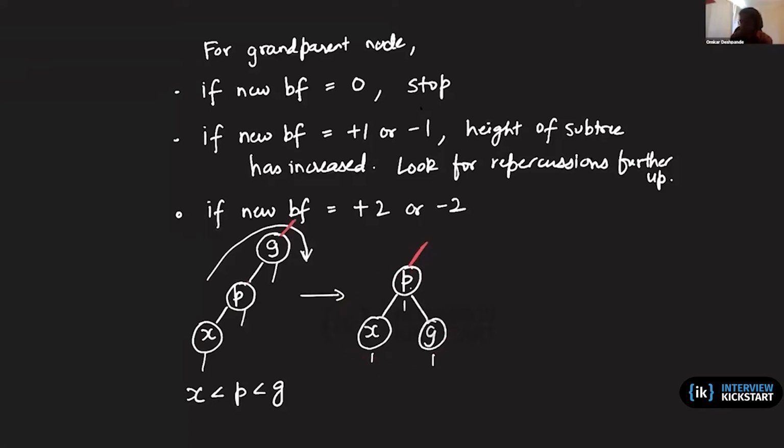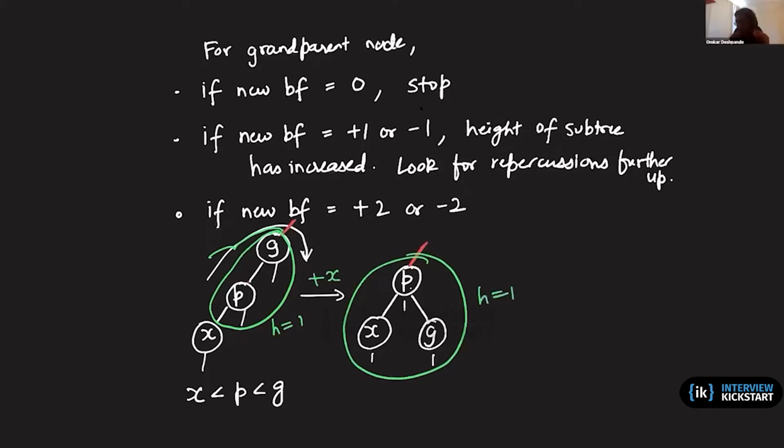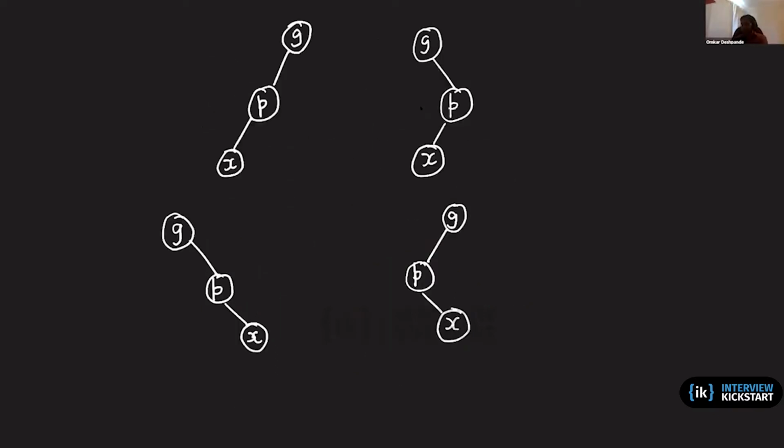So if we just focus on this local region, which was like this and which is now like this, the height earlier was 1. When we added x, height is still 1. So sorry, height 2 in terms of the number of nodes. So balance is restored and there are no repercussions further up. So that's how we handled the first case.